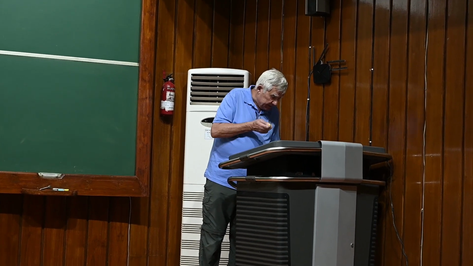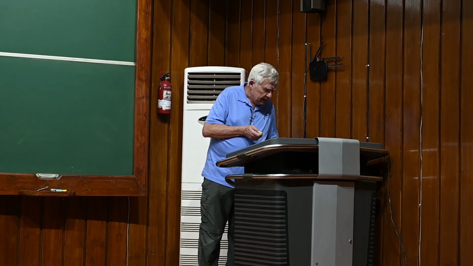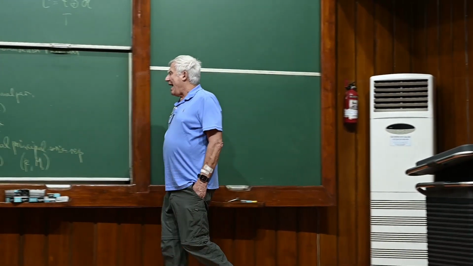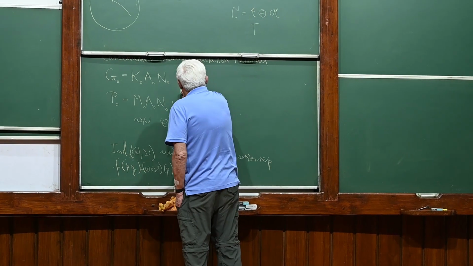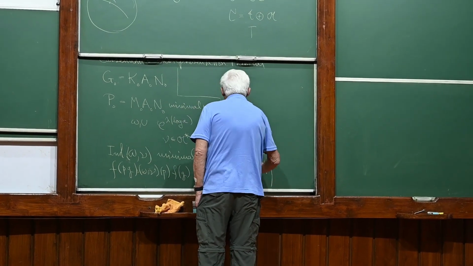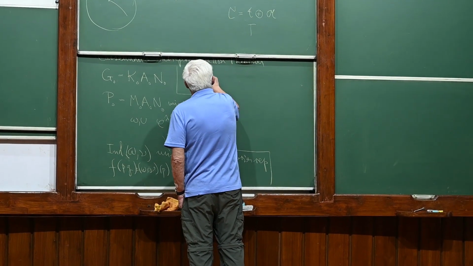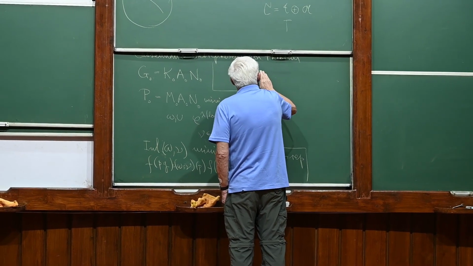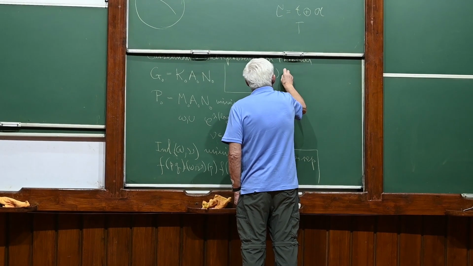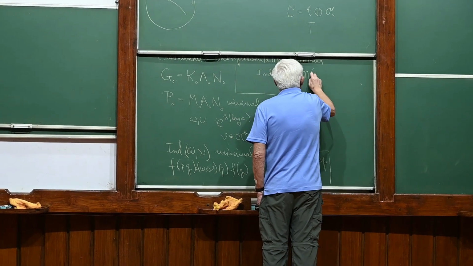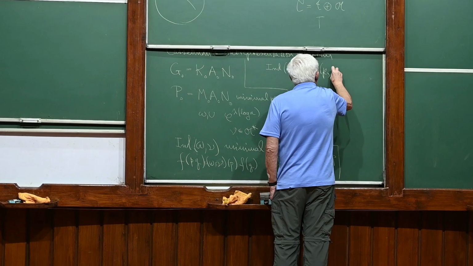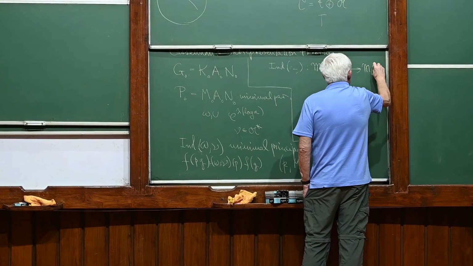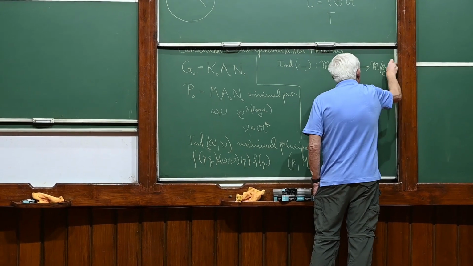And then, so what is the problem? I will be vague and use the same notation for this functor for a moment. So this induction goes from (p, M naught) modules into (g, K) modules.